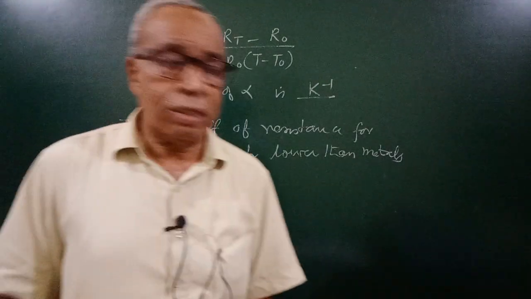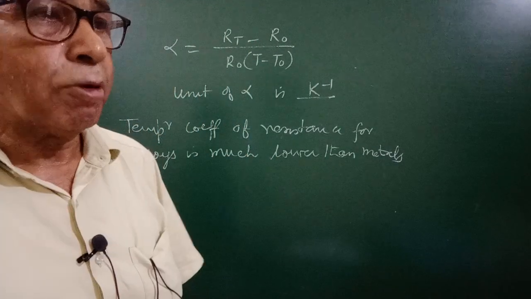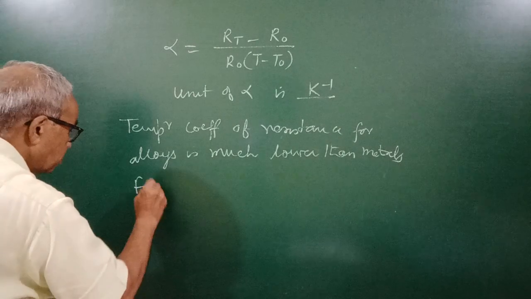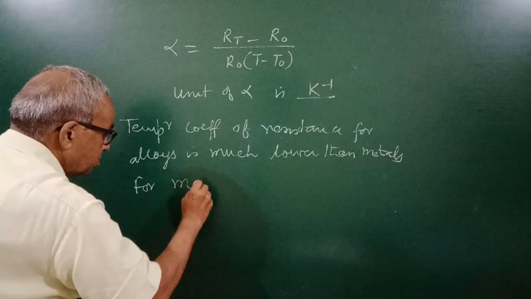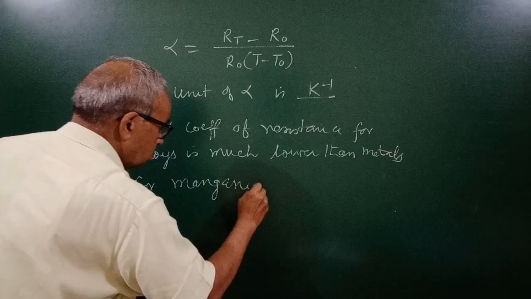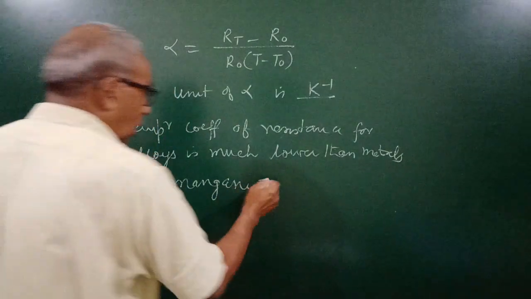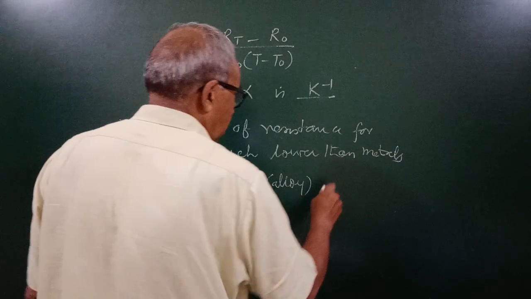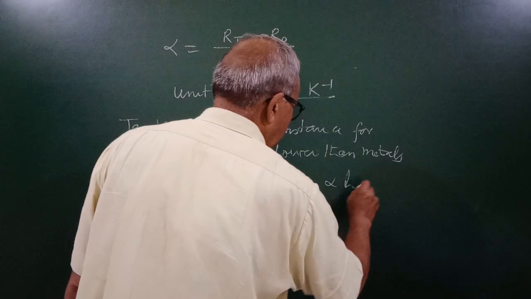Metals have a high value of temperature coefficient of resistance, and for manganese, which is also an alloy, alpha has the lowest value.